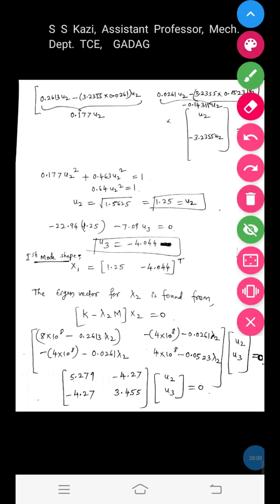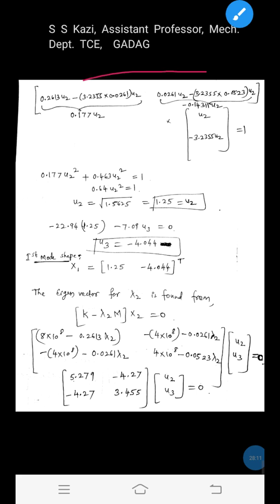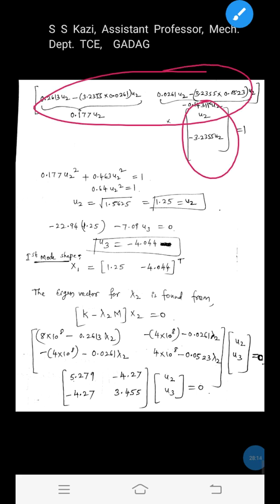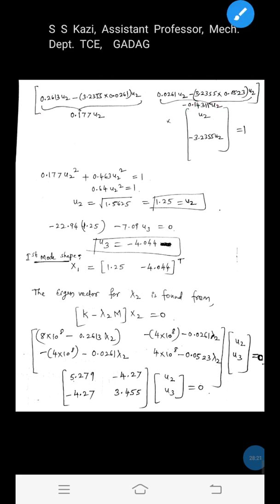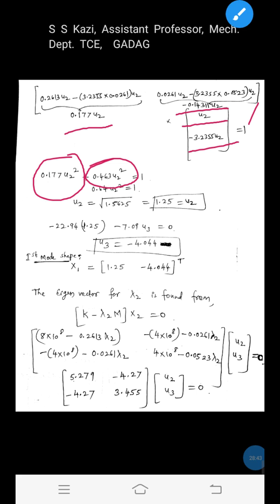After that, this matrix is multiplied by the x1 matrix, that is u2 and minus 3.2355 u2, equal to 1. Multiplying first row first column gives one equation: 0.177 u2 into u2 is 0.177 u2 squared, next minus 0.14311 u2 into minus 3.2355 u2, which gives 0.463 u2 squared equal to 1.